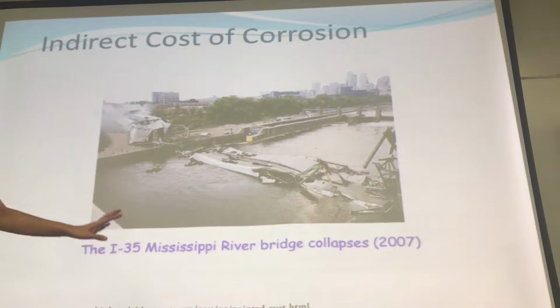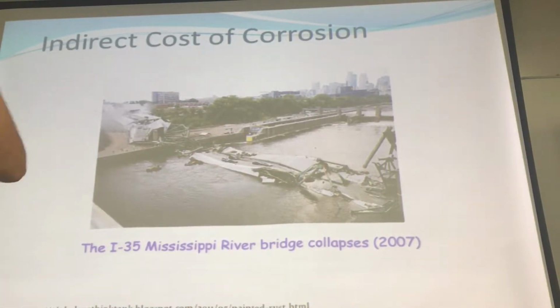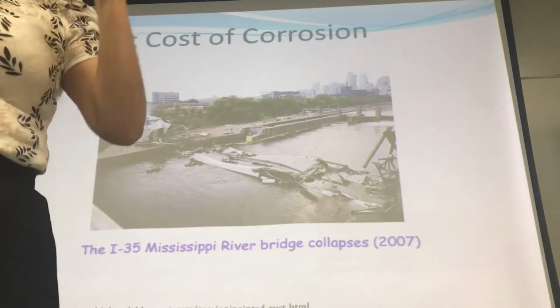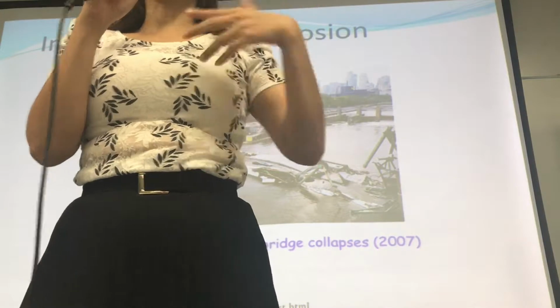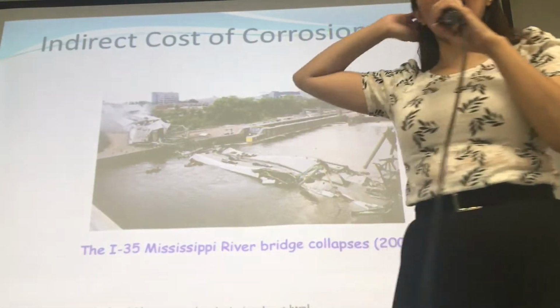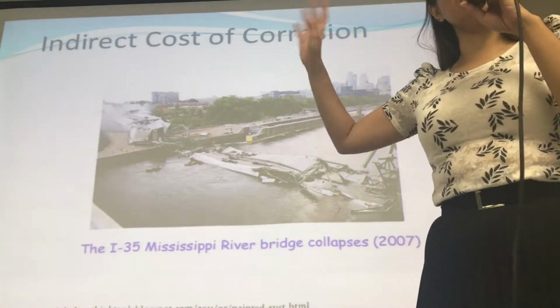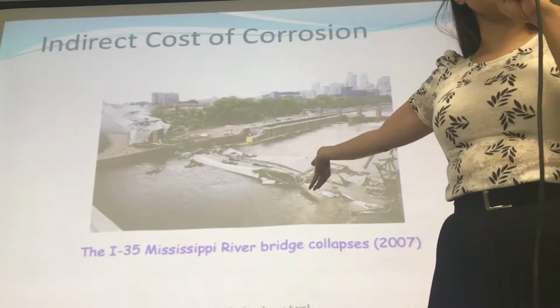If it collapses and people die, that means it costs a lot of money. One life in the United States means a lot. Even though I'm not quite sure if somebody already died or not, even if nobody died, they need to pay a lot to fix it.